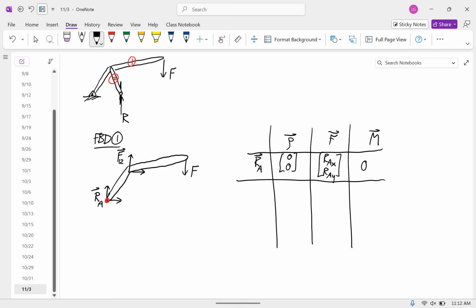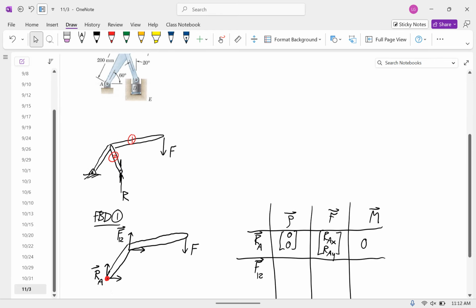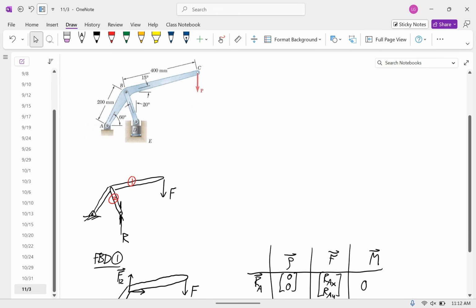Then we'll go to F12. That rho vector, I'll just keep it all in millimeters. So 200 times cosine and sine of 60.